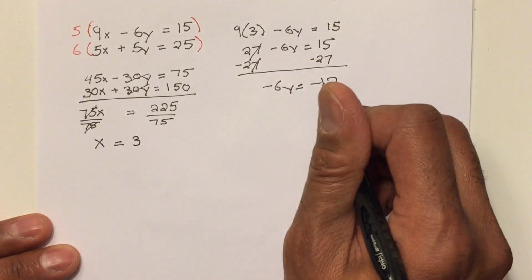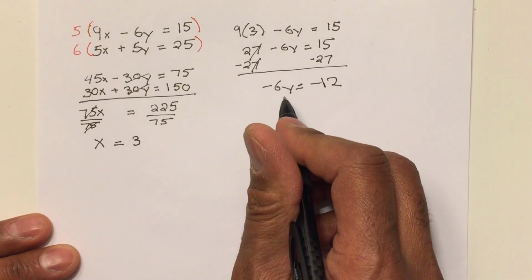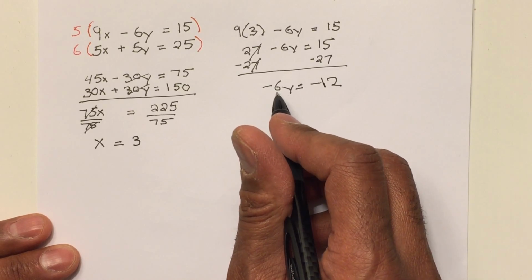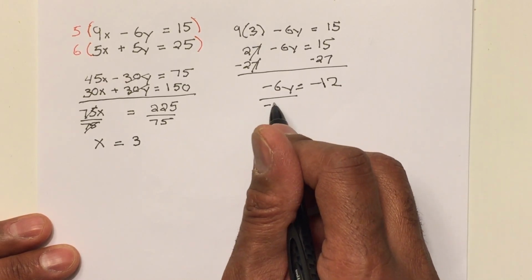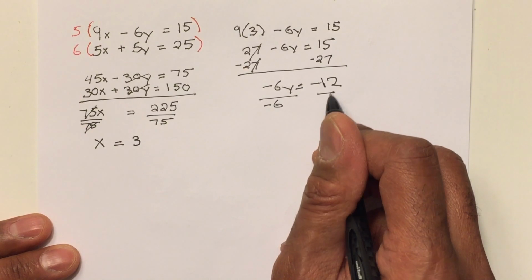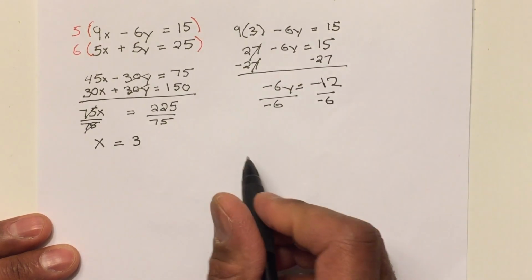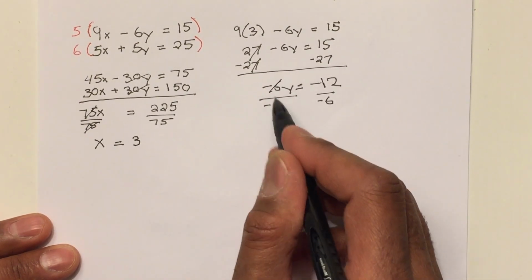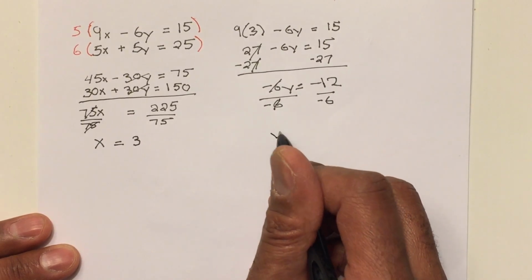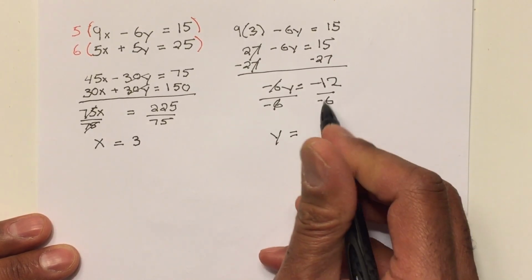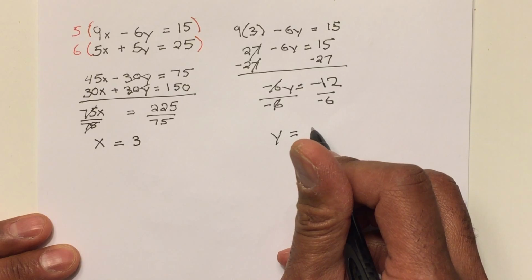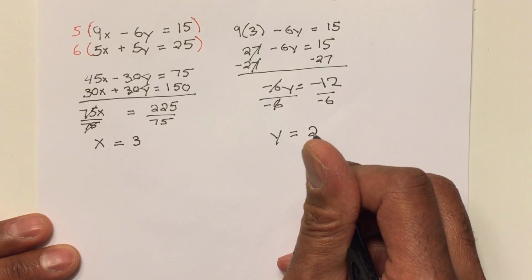Now to get the y by itself, since it's multiplied by -6, we want to divide both sides of this equation by -6. We can simplify the -6. We're left with the y by itself like we wanted. Of course, a negative divided by a negative is going to be +2 in this case.